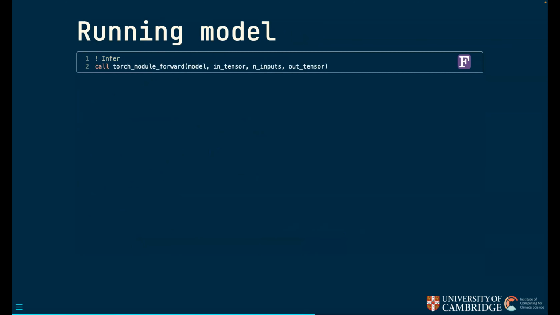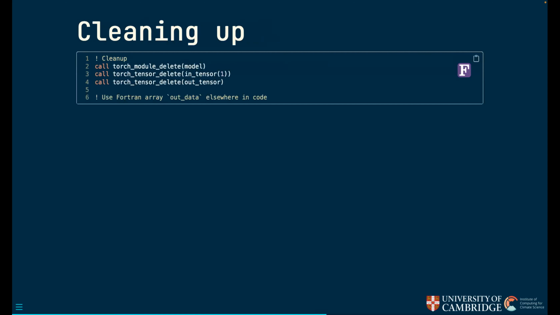Running the model is just as straightforward as calling this torch_module_forward function with the name of our model, the tensors we're passing in, and the data we're going to get out. And then to clean up afterwards, because we need to do memory management properly within Fortran, there are these delete methods which will clear away anything we've had in the memory.